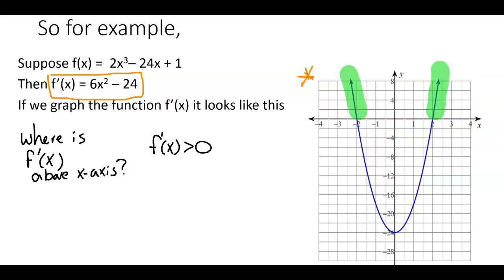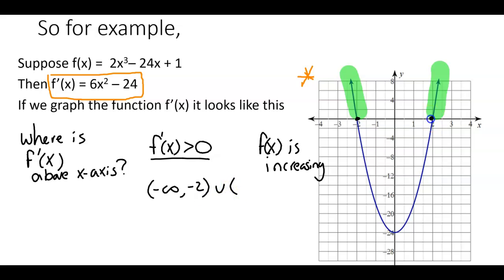Now, on that interval where I've highlighted in green, if the derivative is greater than 0 on those intervals, then that means that the original function is increasing on those intervals. Okay? And those intervals are from negative infinity up to here, and also from here on up into positive infinity.